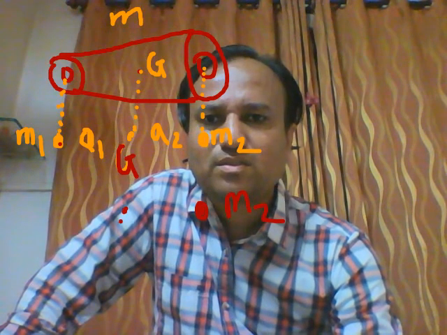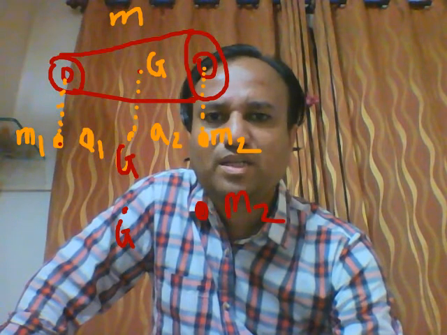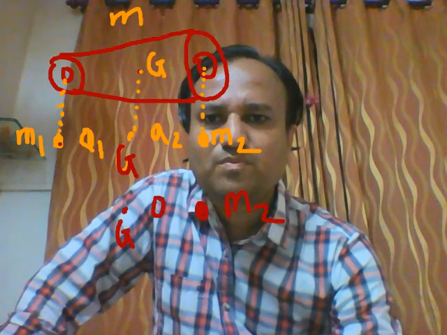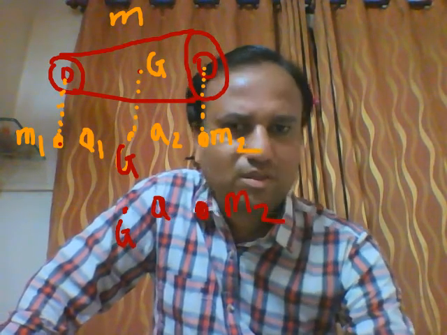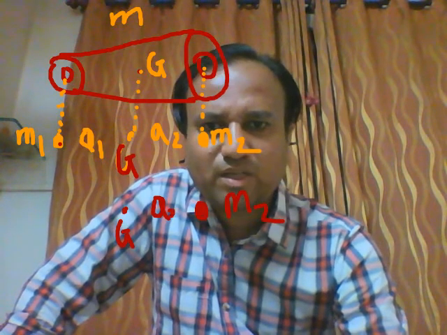This is G, the same distance, that is the distance between G and M2 is the same as that of the previous one, A2.